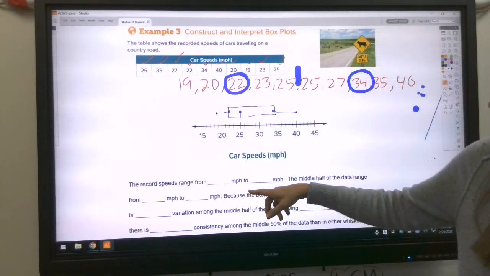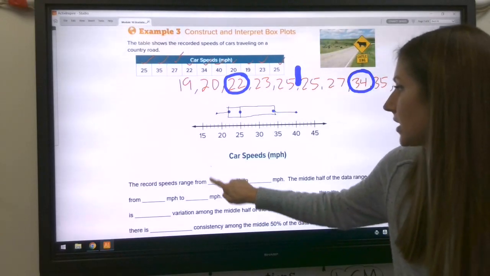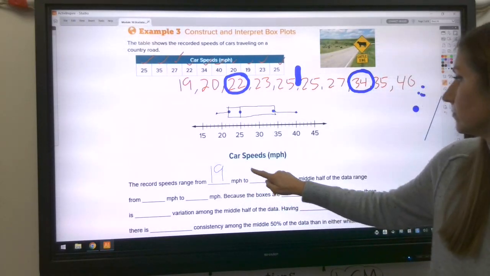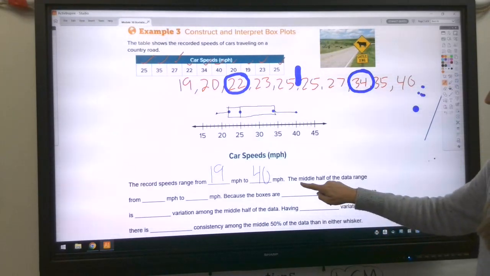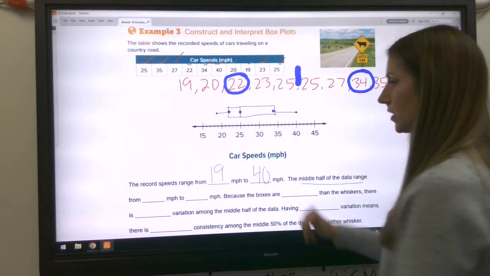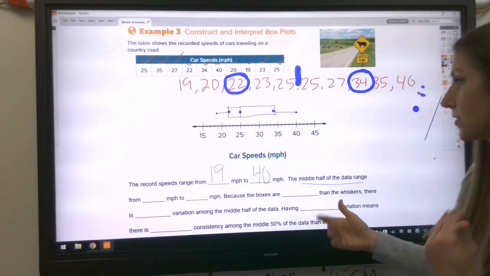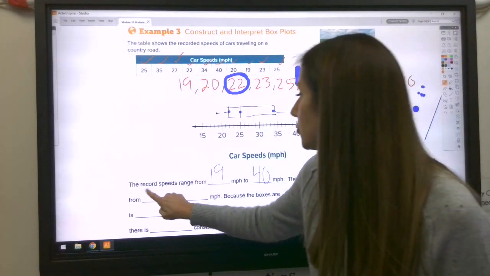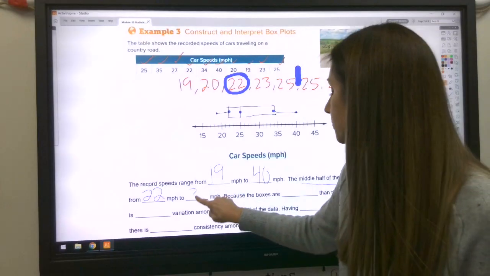So record speeds range from what to what? Well, we have that, 19 to 40, right? And then the middle half of the data range, right? The middle half ranges, so that's basically asking for the quartiles. We have our 22 to our 34.